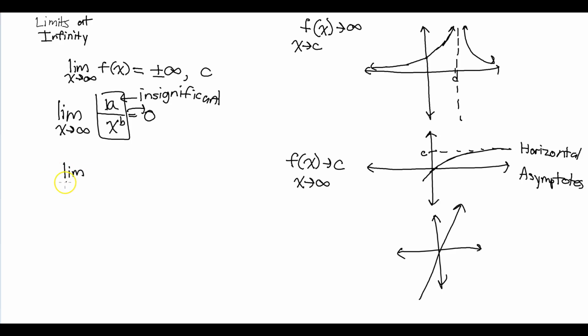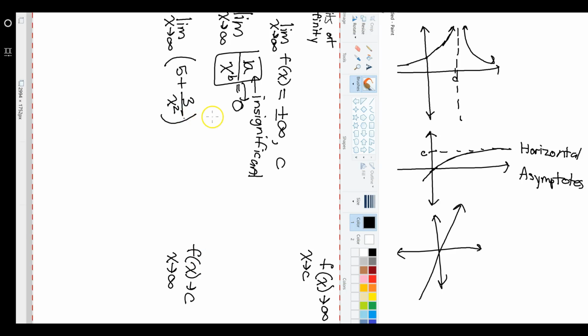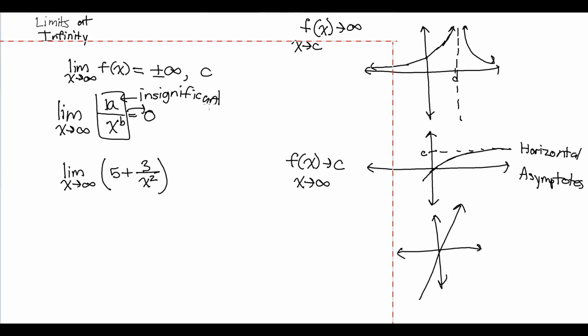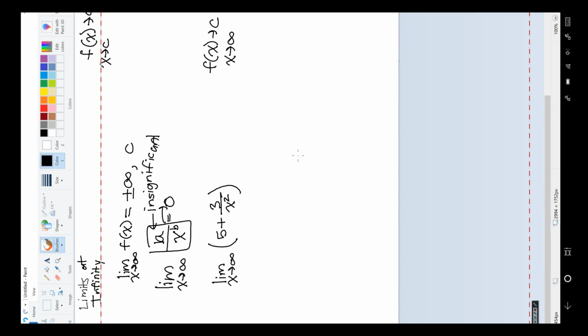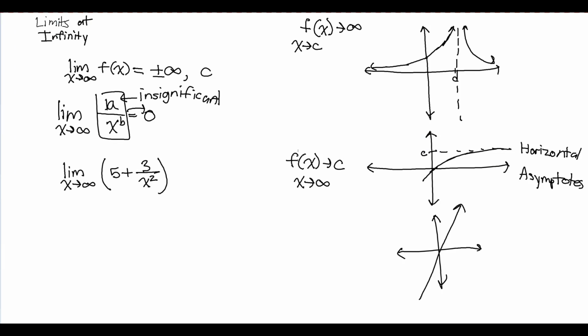So let's do this. The limit as x approaches infinity of 5 plus 3 over x squared. Okay, so if you want to find the limit as x approaches infinity of 5 plus 3 over x squared, well, you can break it up.